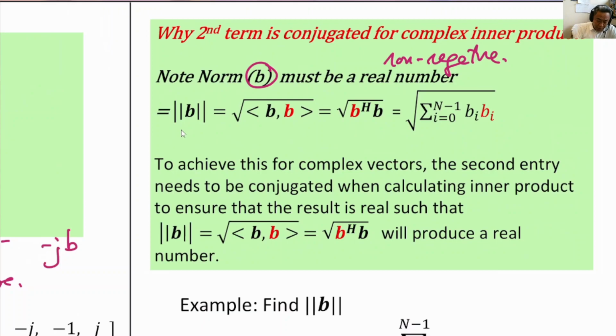So the norm of B is defined as the square root of the inner product of the same vector, B and B. I color this in red to show you that the second entry must be Hermitian, or conjugate transpose, before we multiply by B, taking the square root.